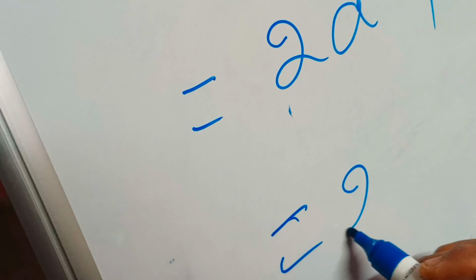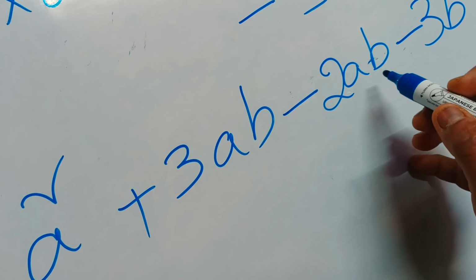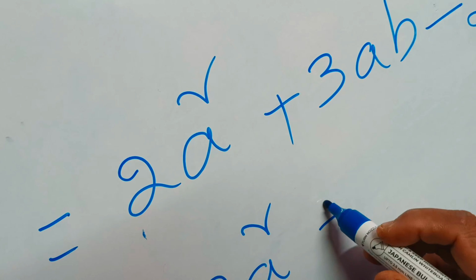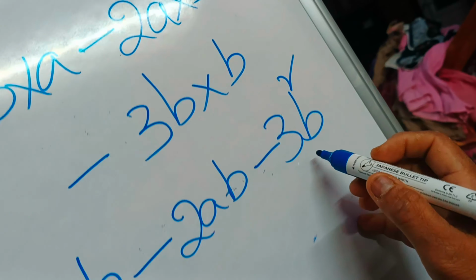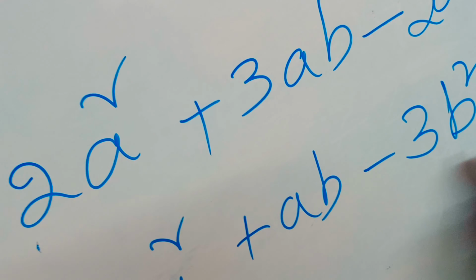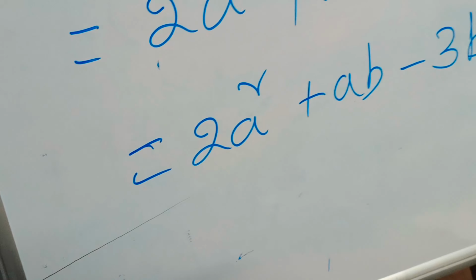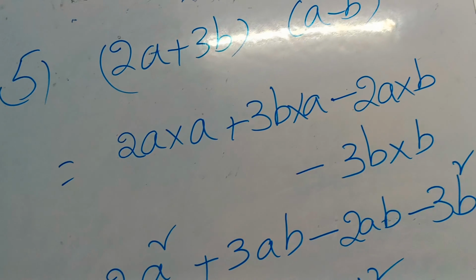Finally 2a square plus 3ab minus 2ab plus ab, remaining minus 3b square. So this is the answer: 2a square plus ab minus 3b square.